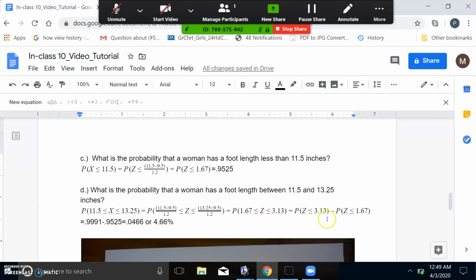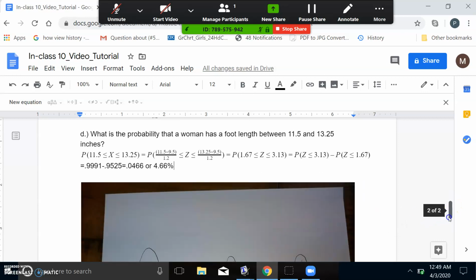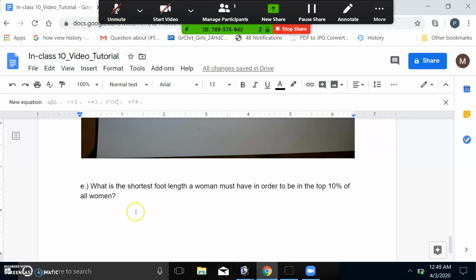Okay, so let's go on to part E. What is the shortest foot length a woman must have in order to be in the top 10% of all women?